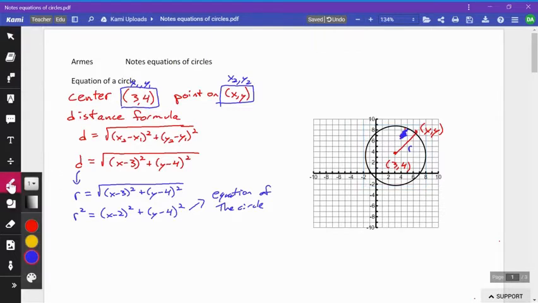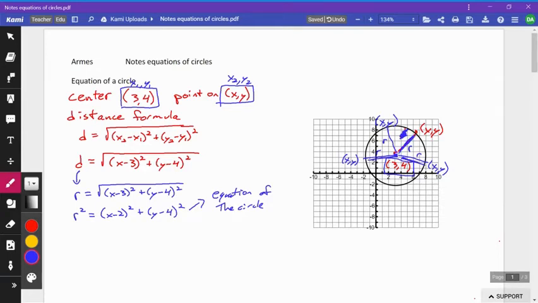And I can also move this radius over here, the radius over here. So that distance is going to be the same. And I can choose any of these points to be x and y. So I have a center that stays the same at 3, 4.